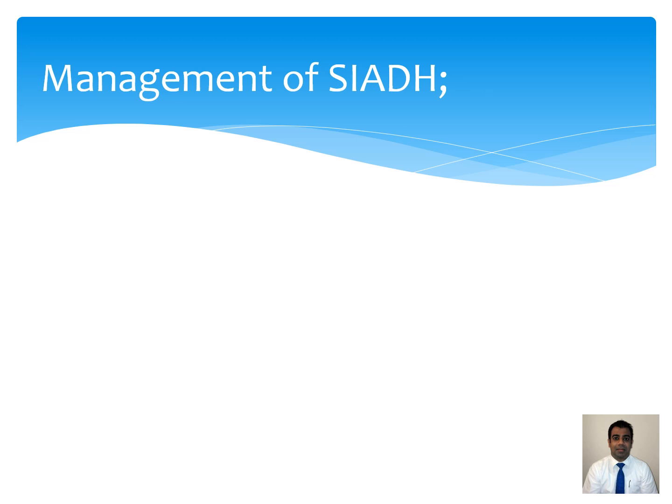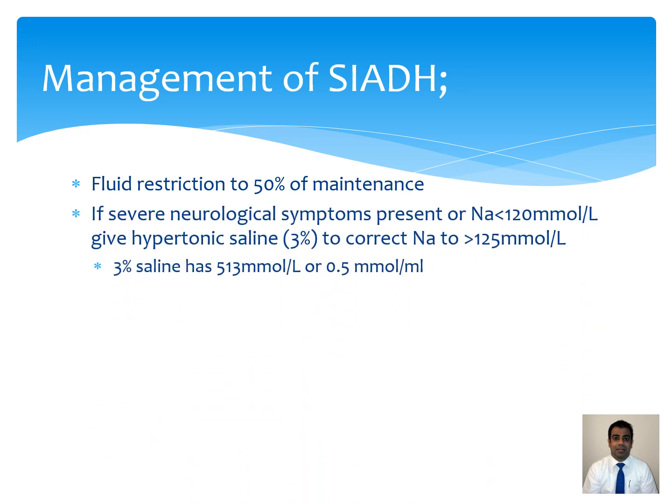How do you manage patients with syndrome of inappropriate ADH secretion? You need to restrict the fluids. Usually you restrict to 50% of maintenance, and if there are severe neurological symptoms, or if the sodium is below 120, you need to correct the serum sodium to above 125 millimoles per liter.